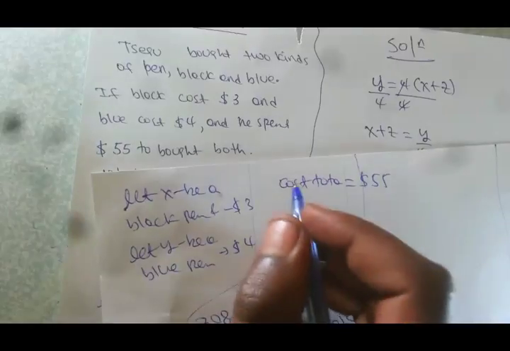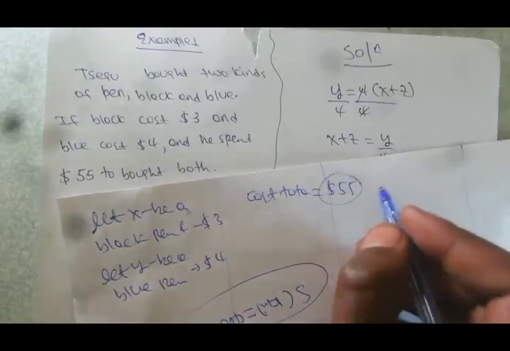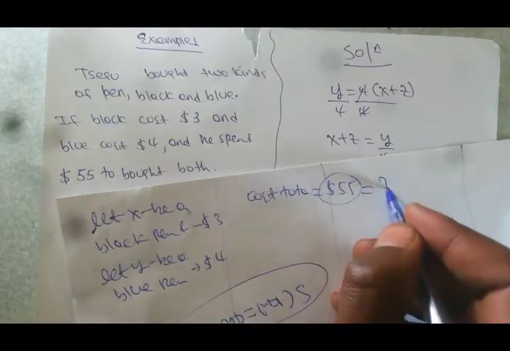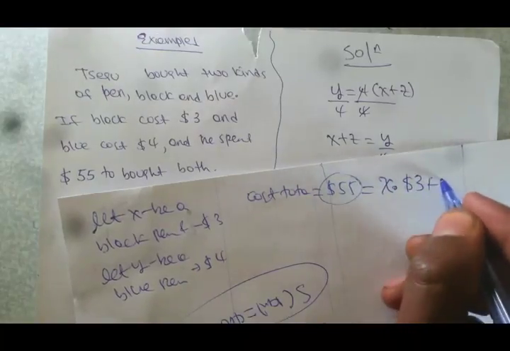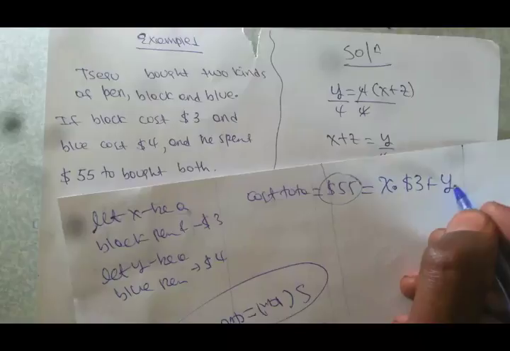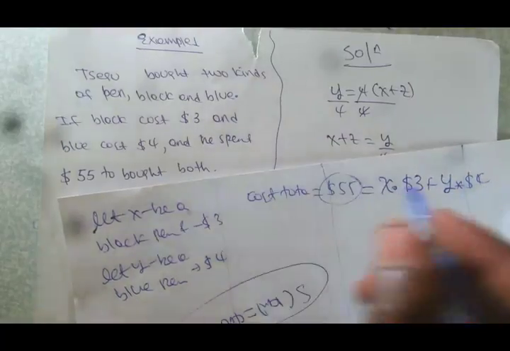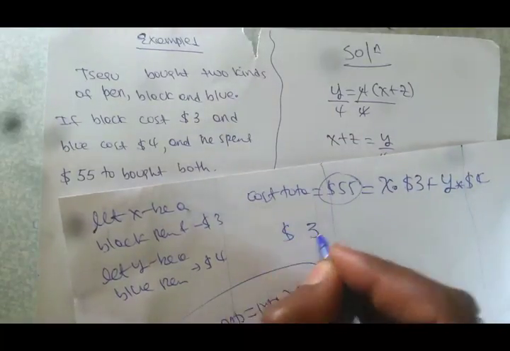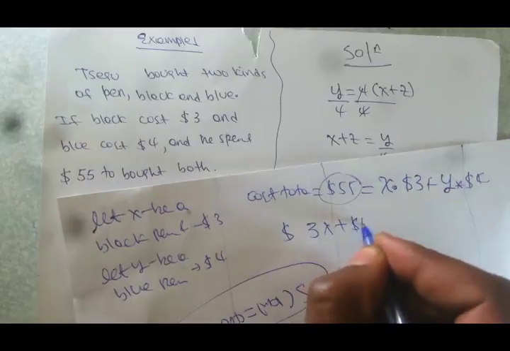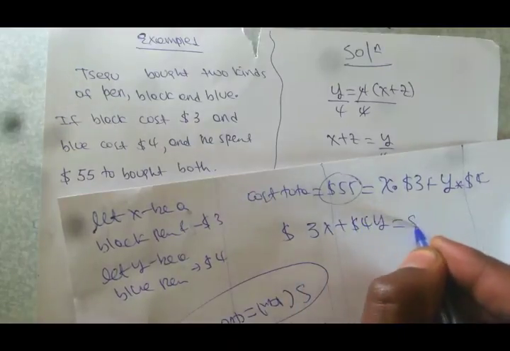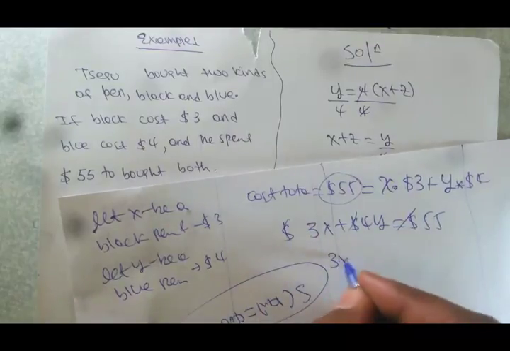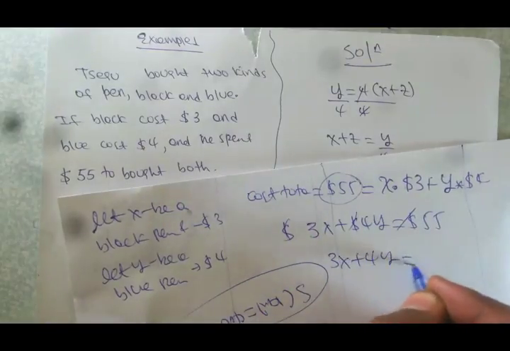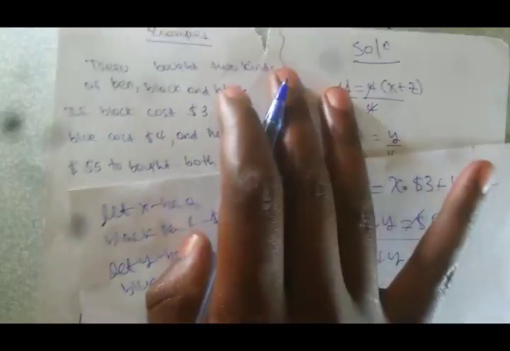Therefore $55 is found when X black pens multiplied by each cost, plus Y blue pens multiplied by each cost. Therefore $3X plus $4Y is equal to $55. The dollar cancels, and 3X plus 4Y equals 55 is the equation.